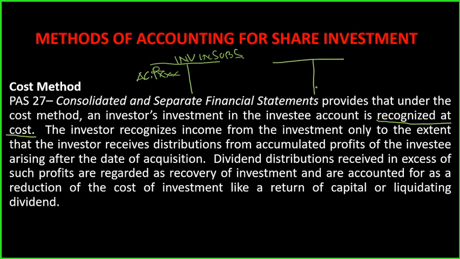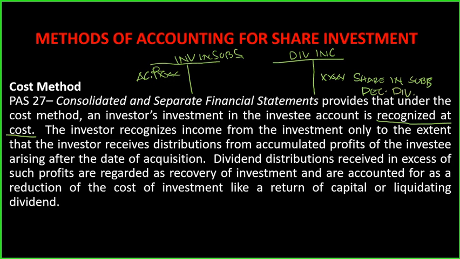If your subsidiary declares dividends, the parent is going to record a debit to cash and a credit to dividend income, for the share in the subsidiary's declared dividends.